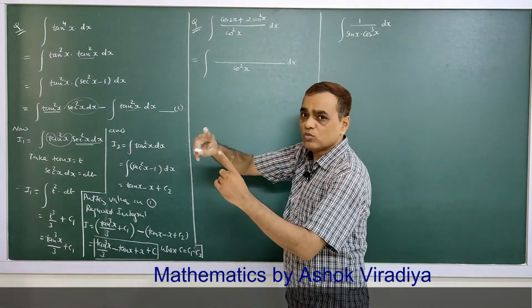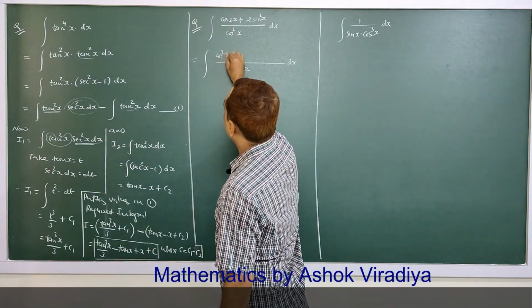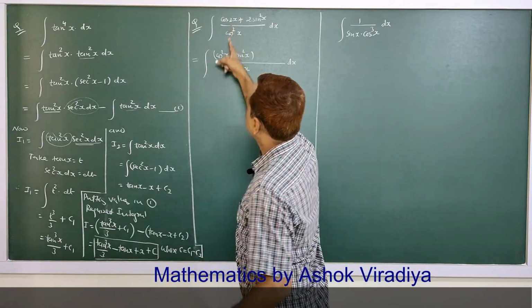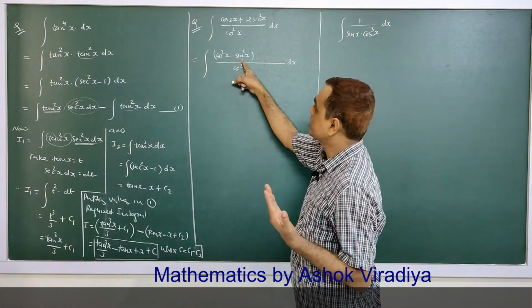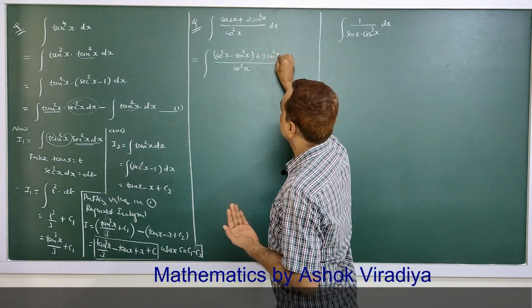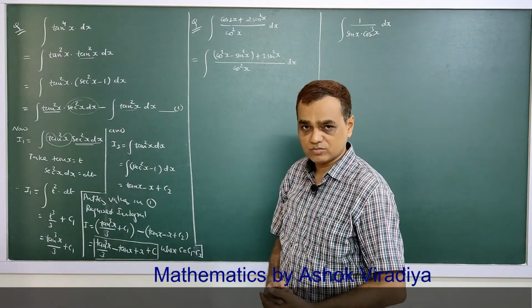So what we do, I use cos 2x equal to cos square x minus sin square x. If for cos 2x we keep cos square x minus sin square x, then from this 2 sin square x, one sin square x will be removed.